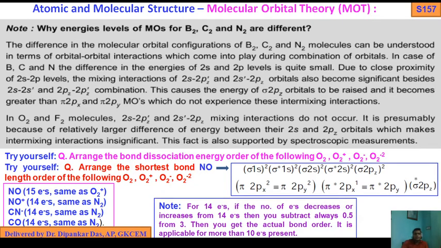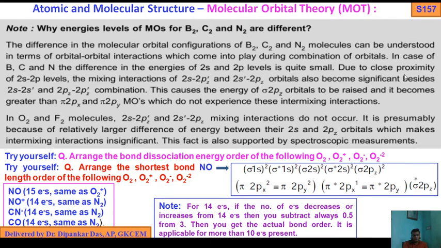The difference in the molecular orbital configuration of B2, C2, N2 molecules can be understood in terms of orbital interactions which come into play during combination of orbitals. In case of boron, carbon, nitrogen, the difference in the energy of 2s and 2p levels is quite small.